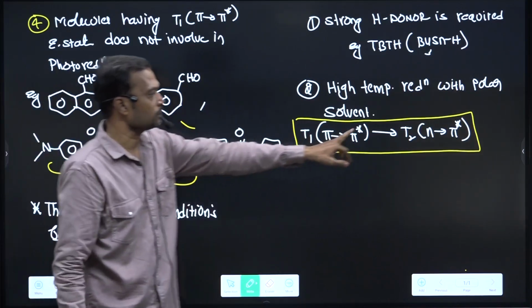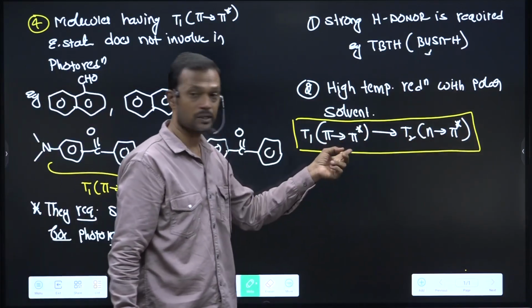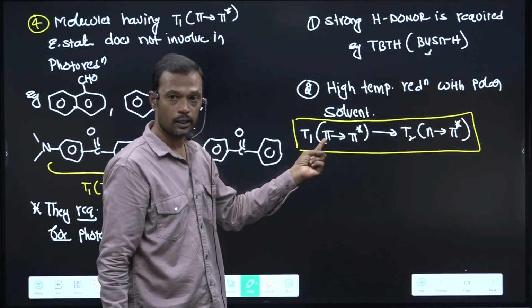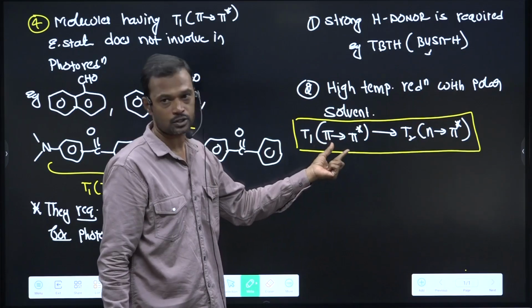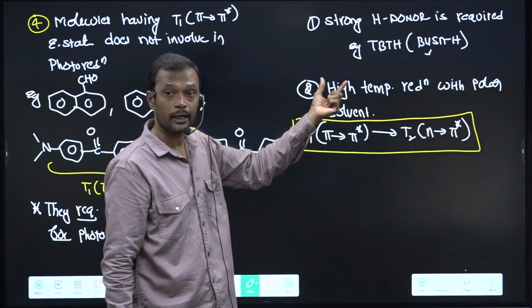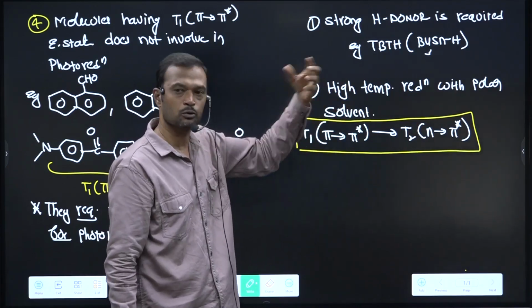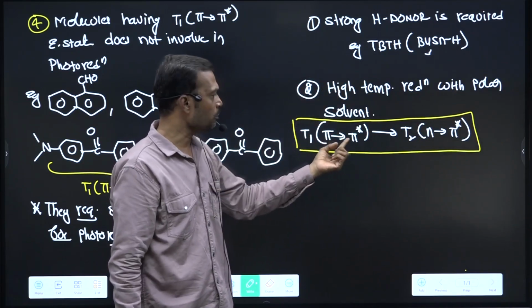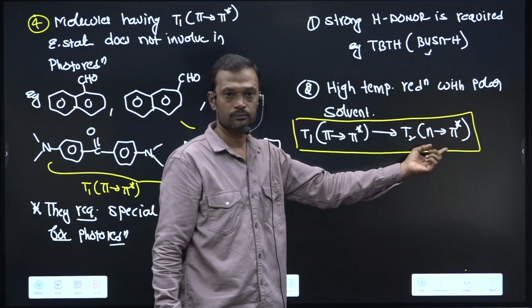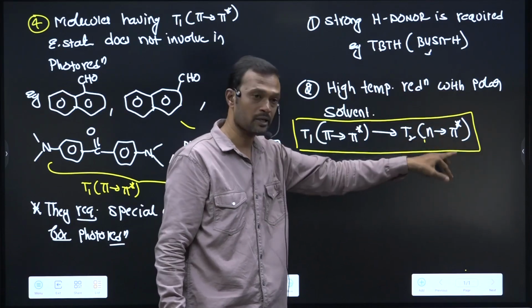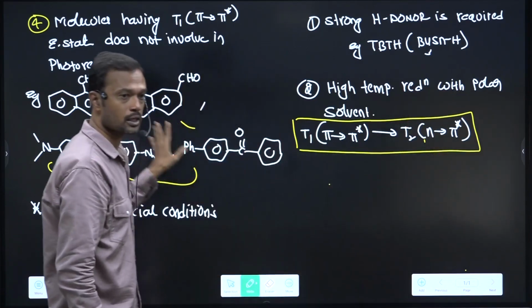This is n to pi star, this is pi to pi star. Initially pi to pi star is there, and it is responsible for preventing reduction. When you maintain high temperature and a strong donor, pi to pi star is converted into T2 n to pi star. After converting into n to pi star, only then is this carbonyl reduced.